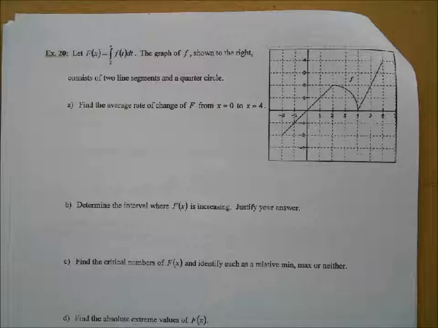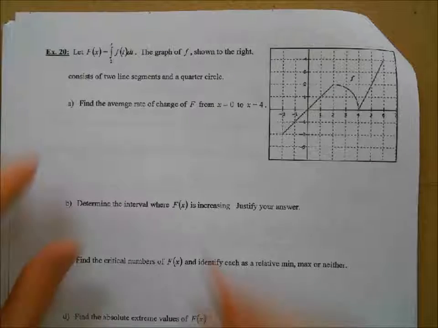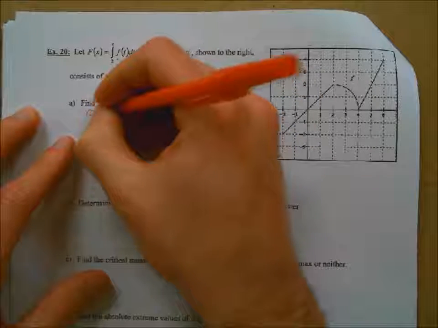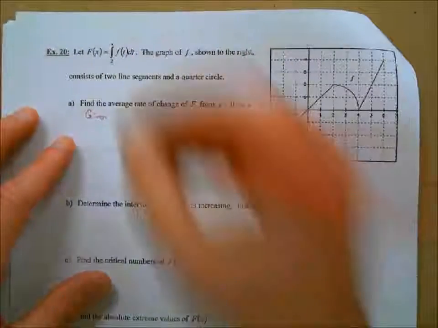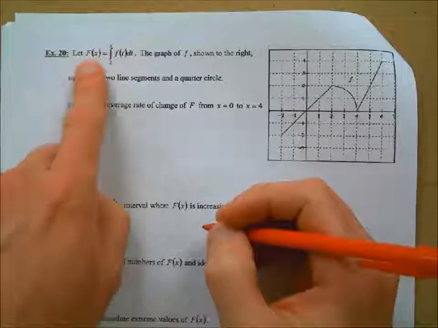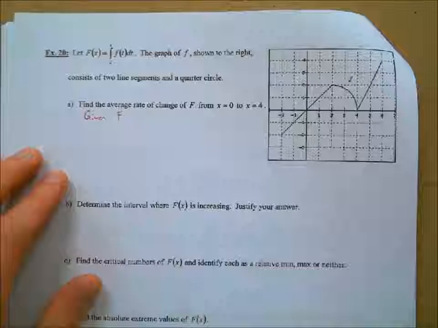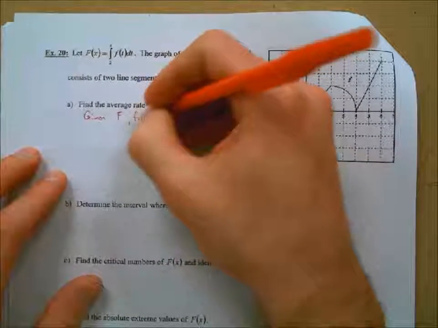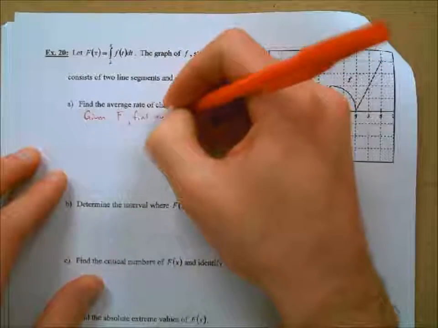So for our first question, we're asked to find the average rate of change of F. What are we given here? We're given capital F, and we want to find the average rate of change.